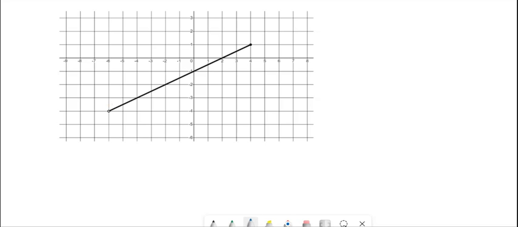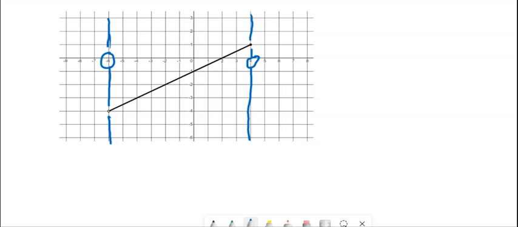The domain is going to go from the leftmost point here to the rightmost point over here. We can see that the leftmost is at -6 and the rightmost is at 4.